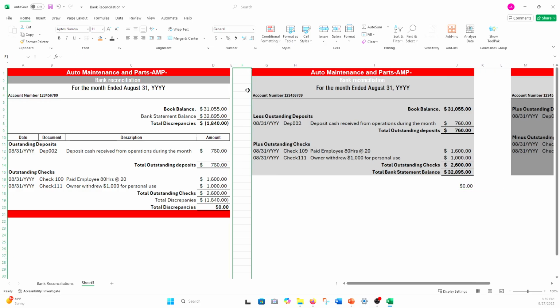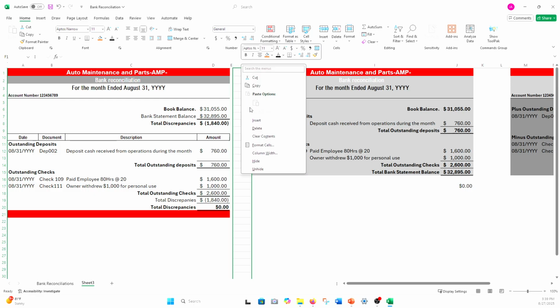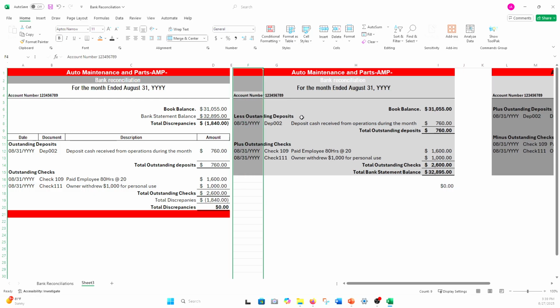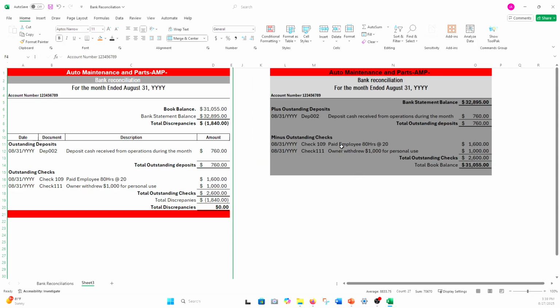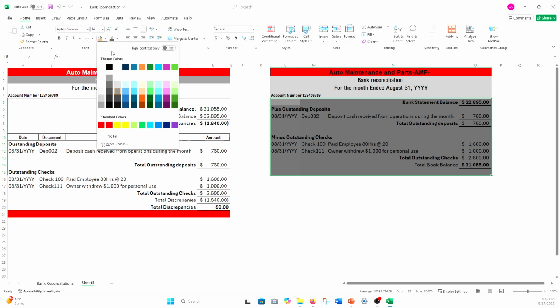Which is the opposite. We are going to start with the bank balance to get to the book balance, which is pretty much the same. Let me highlight it a little bit. It's too dark.